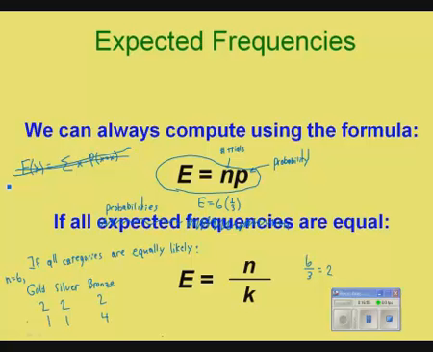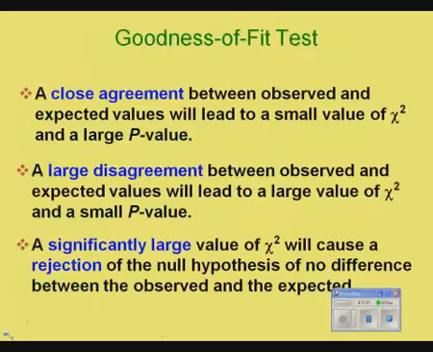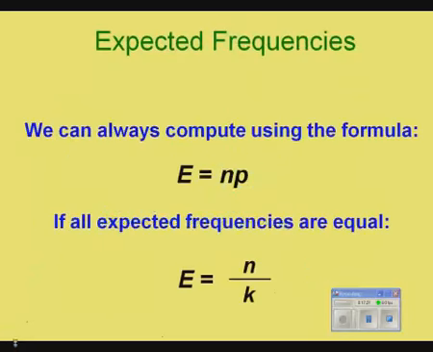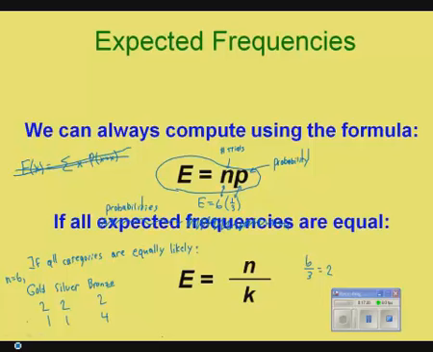Okay, who had a question? David. For the equation you did, would you read that as 6 times 1 over 3? Yeah, 6 times 1 over 3. N is 6, and the probability of any one of those is 1/3. So that's why I expect 2 gold, or 2 silver, or 2 bronze in that situation. Okay. So you were doing that, 6 times 4 out of 3, for the bronze in the second example?